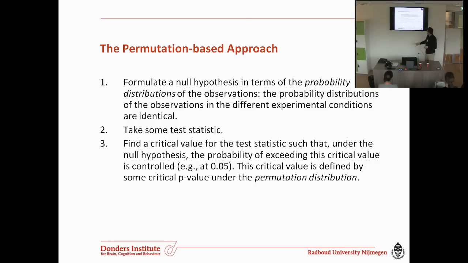And third step, again very similar to the Neyman-Pearson approach, you find the critical value for that chosen test statistic such that under the null hypothesis, here identical probability distributions, the probability of exceeding this critical value is controlled, just like Neyman-Pearson. Now, this critical value is defined by some critical p-value under, now it's not the sampling distribution, it's under the permutation distribution.